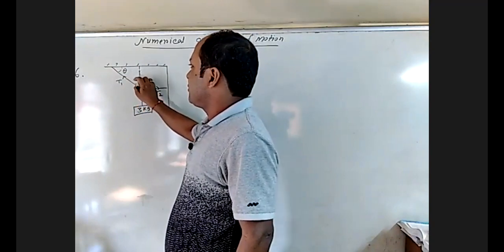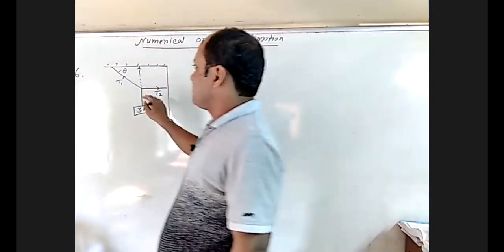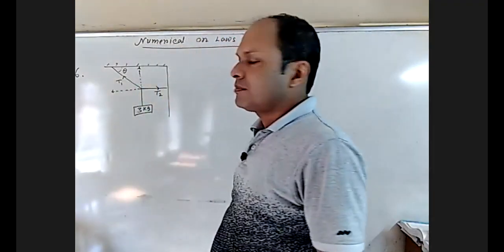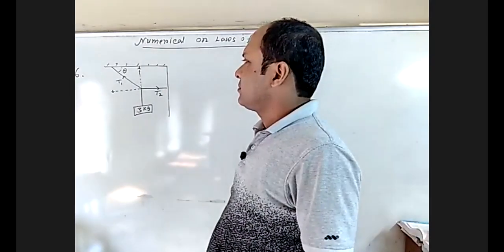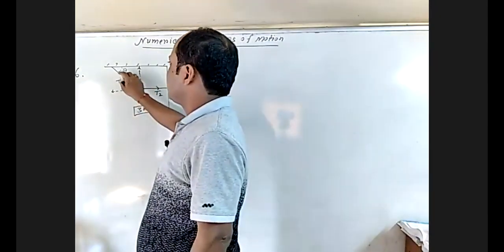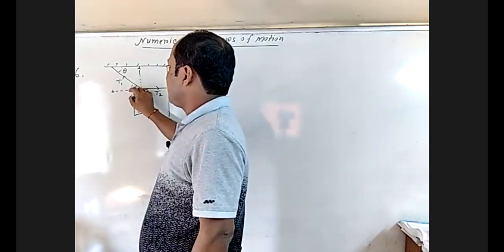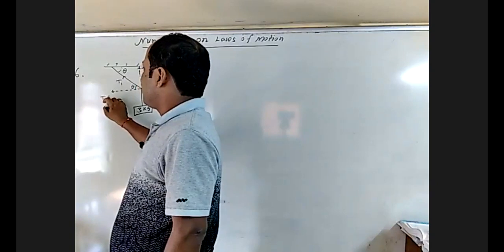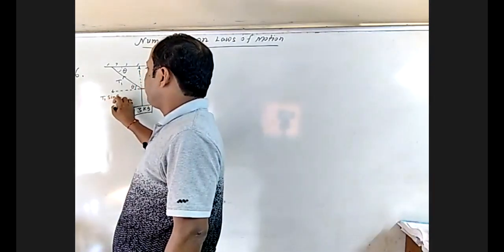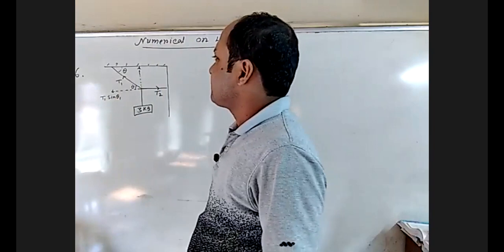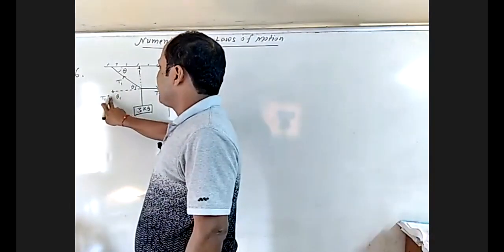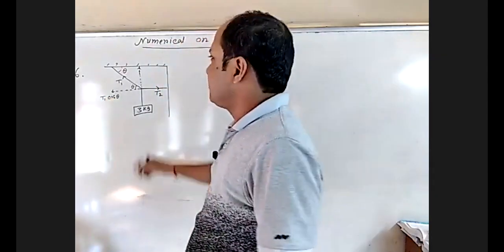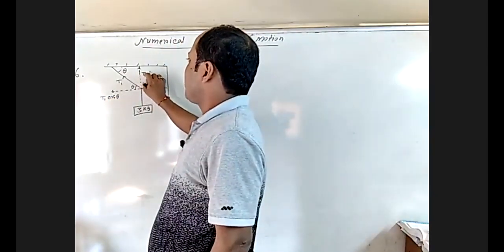You can consider one component along this, another component along this. This is theta. It will also be theta. This is T1 cos theta, and it will be T1 sin theta.